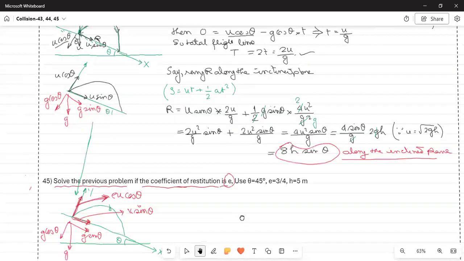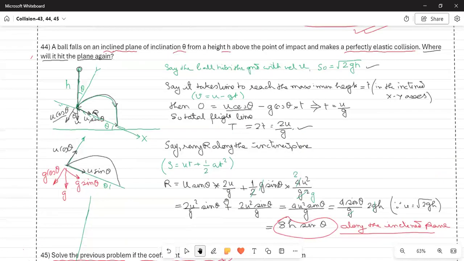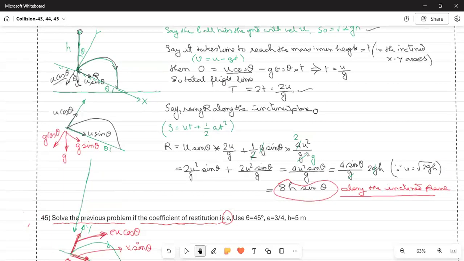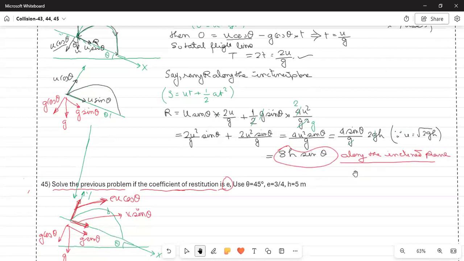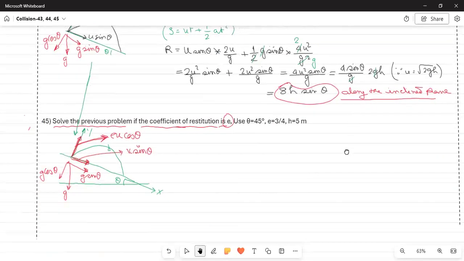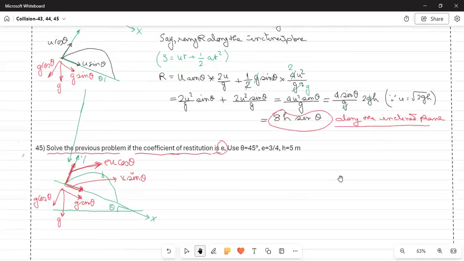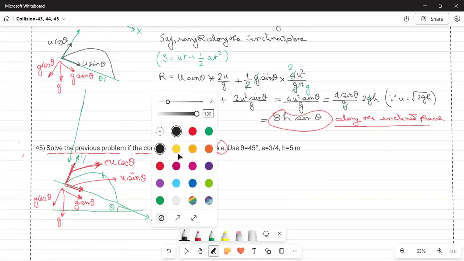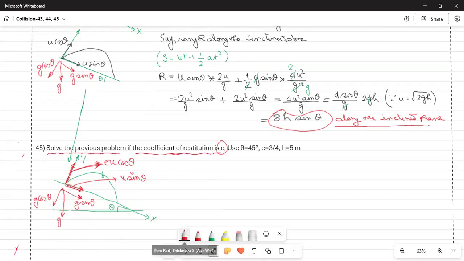In the same way, what we have done here, we take the time to reach the maximum height, then that time is multiplied by 2 to get the total time. Then with this total time, we find how much horizontal distance it travels. That is all we have done. So here also, we do the same thing.